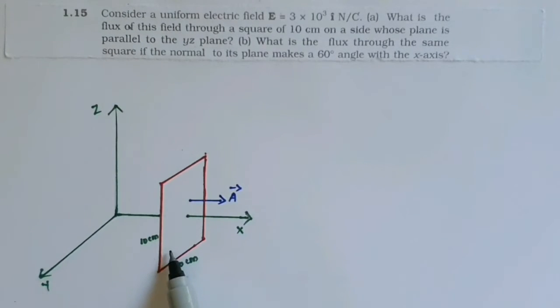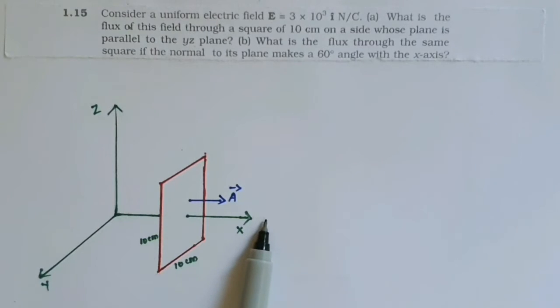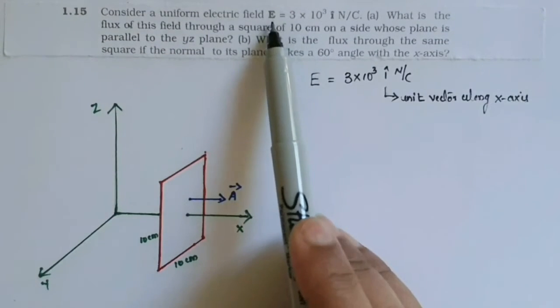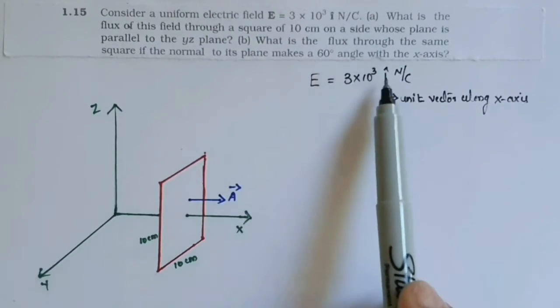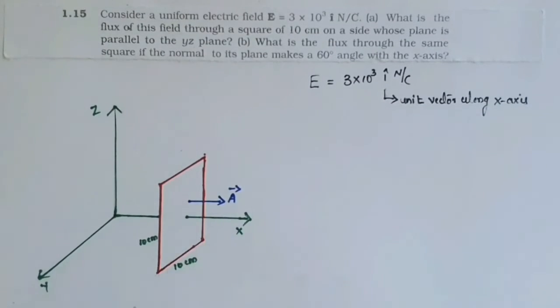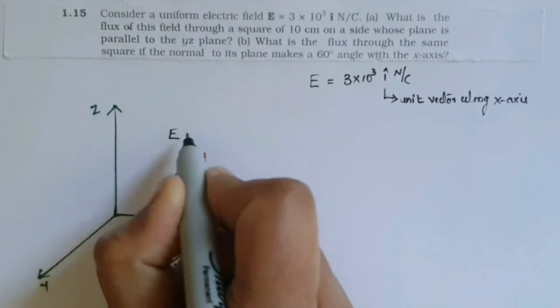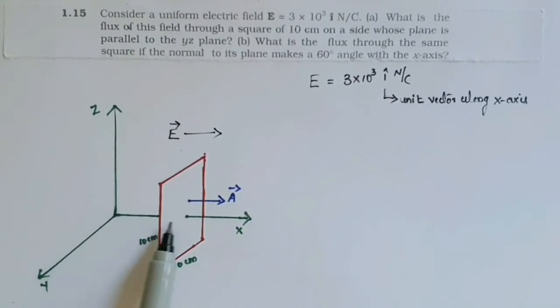This plane is parallel to the YZ plane. The area vector is normal to the surface, so it is acting along the x-axis. Given E is equal to 3 into 10 raised to 3 i cap Newton per coulomb, where i cap is the unit vector along the x-axis. Therefore, the electric field is acting along the x direction.